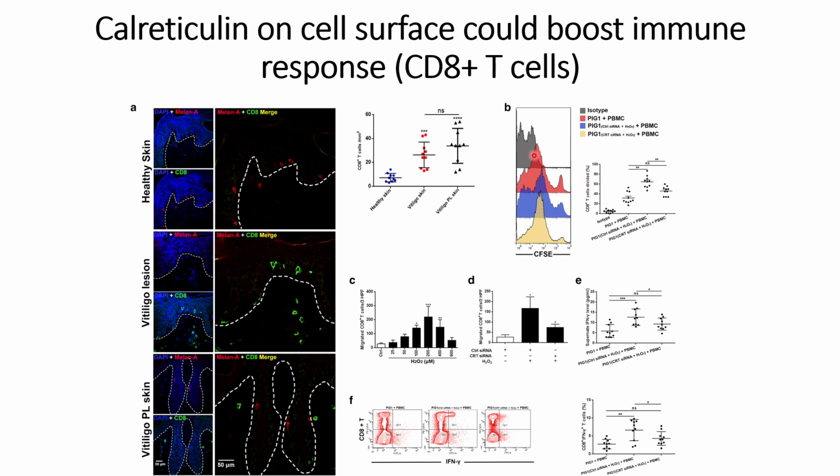And the quantification of this flow cytometry analysis shows that the results are statistically significant compared to the isotype when they use PIG1 in which the control siRNA is used, along with oxidative stress. However, when they use the CRT siRNA and oxidative stress, they see reduced signals, and these are statistically significant compared to the previous case.